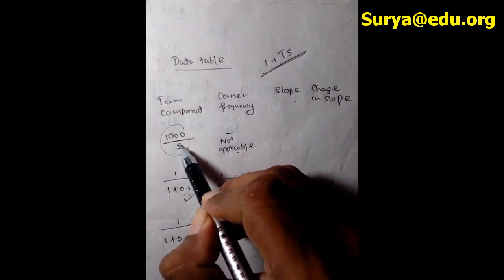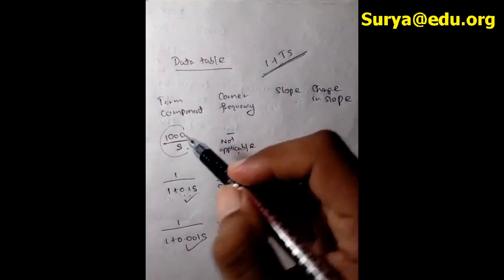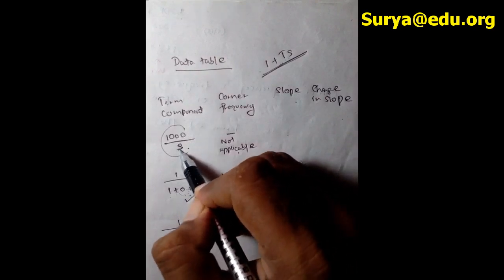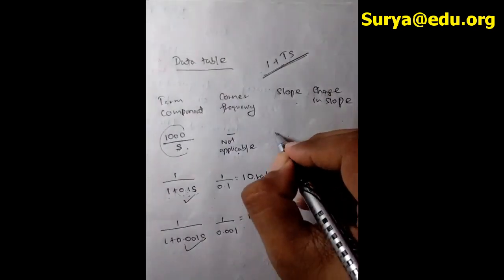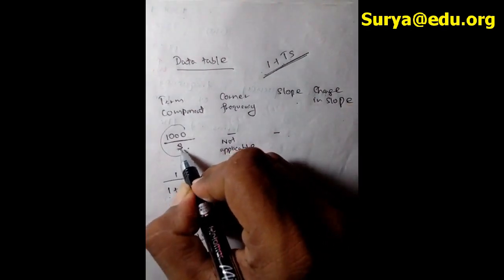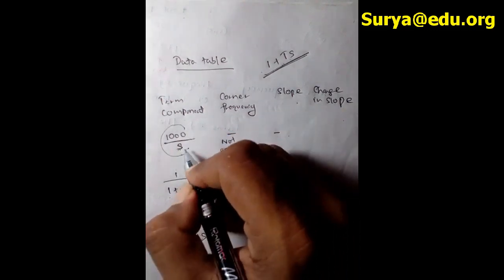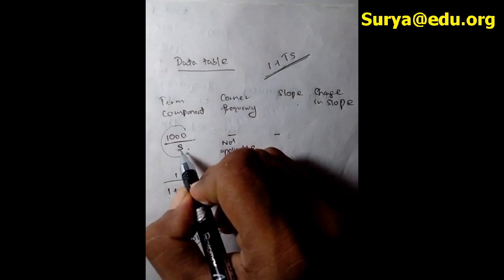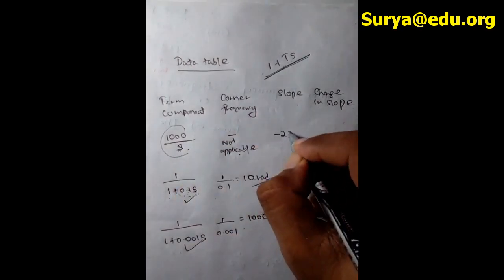This term s in the transfer function is in the denominator. Okay, so because this s is in the denominator, just put negative. Okay, and now what is the order of this s, or what is the power of this s? It is 1. That means only one s is there. So just because only one s is there, you put 20.